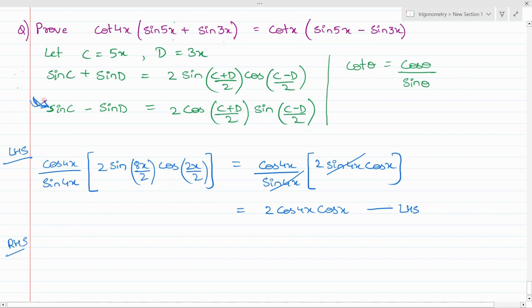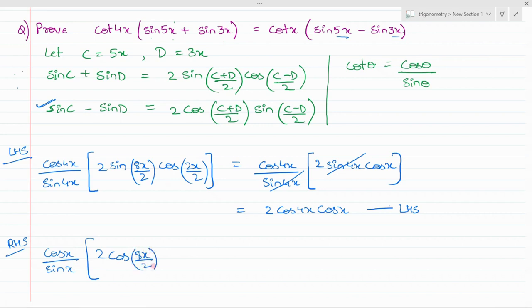So now we need to use this formula. It becomes cos x upon sin x into sin C minus sin D. So 2 cos of (5x plus 3x is 8x) by 2 into sin of 2x by 2. So it becomes cos x upon sin x into 2 cos 4x into sin x.